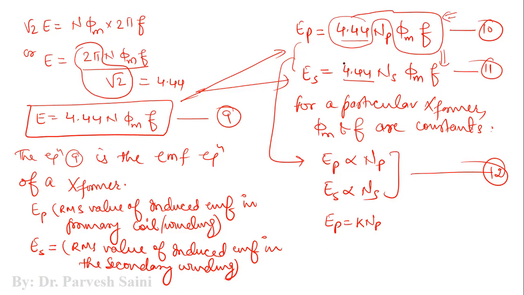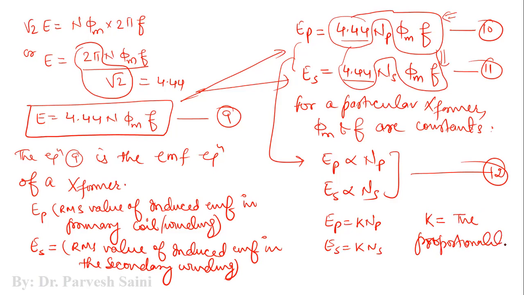Here also you can see these three factors are the same, right? So ES is equal to K NS, where K is the constant.